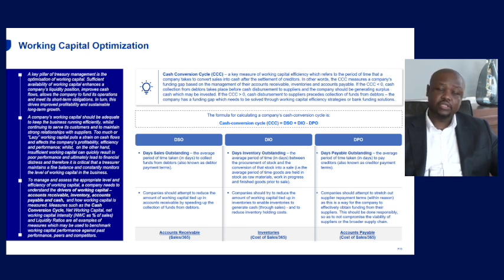When I say collections, it's understanding if you have a robust data management process within the organization. That's to ensure that you increase your collections from a company perspective, but also minimize any overdues and potential bad debt.